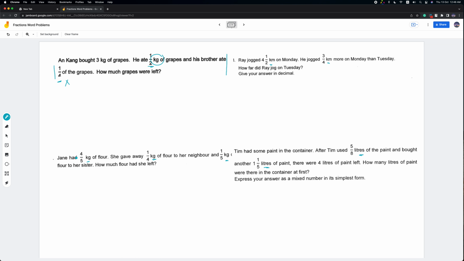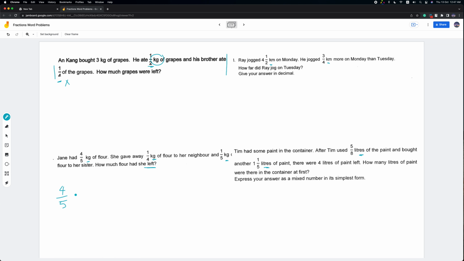So let's take a look at our question first. Jane had 4/5 kg of flour. She gave away 1/4 kg of flour to her neighbor and 1/5 kg of flour to her sister. How much flour had she left? If this is a paper 2 question, of course you are free to use a calculator, but it's good to know how to subtract fractions and to practice them.